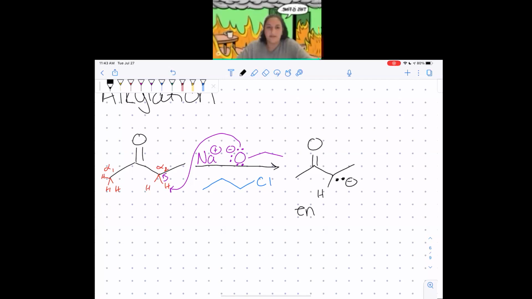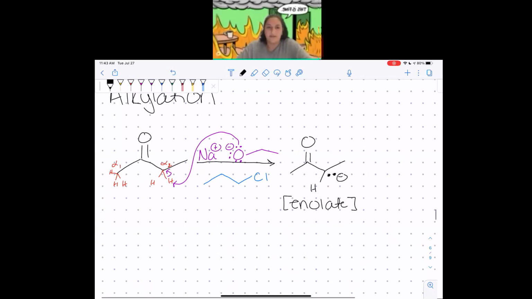Enolate, sweet. So this is called the enolate. And this whole chapter is based on enolate chemistry, enolate reactions. So the enolate is going to act as a nucleophile.